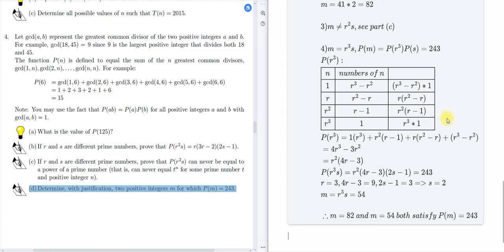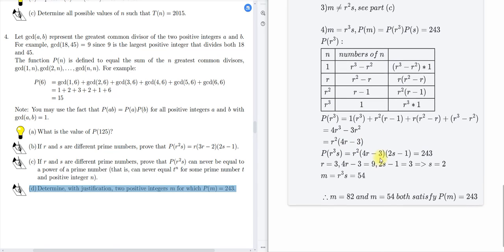We've already done that in part A, so you can check the answer with part A. We got p r cubed equals 4r cubed minus 3r squared, which is r squared multiplied by 4r minus 3.